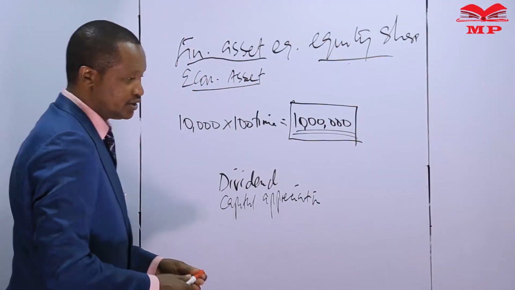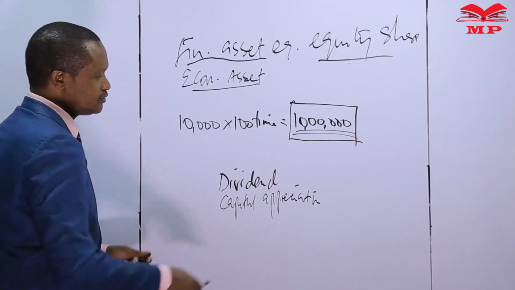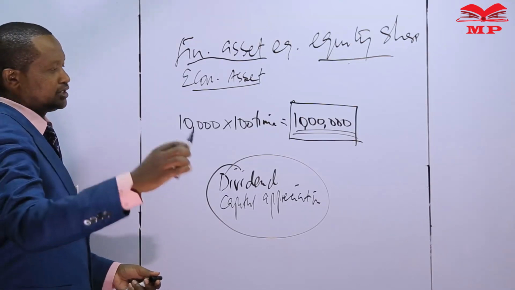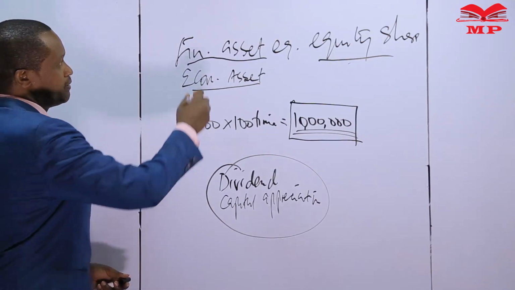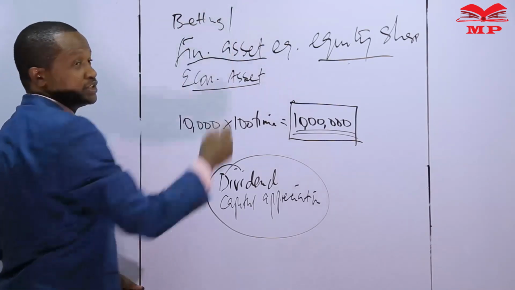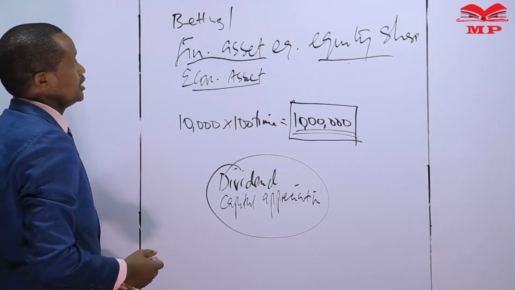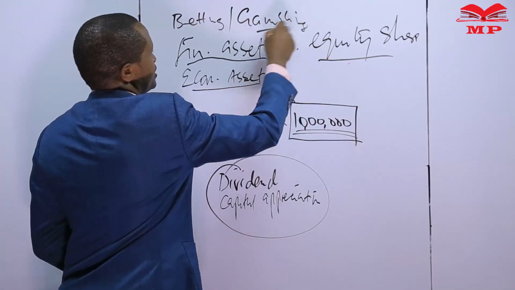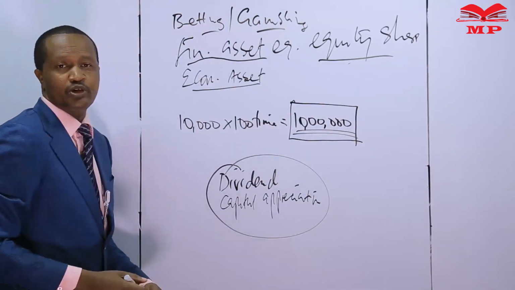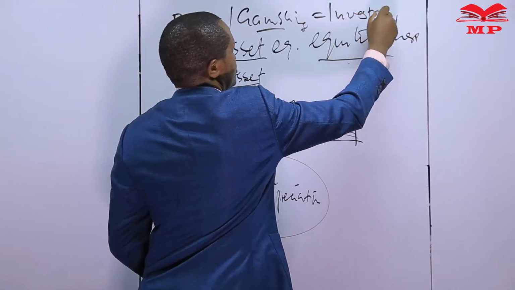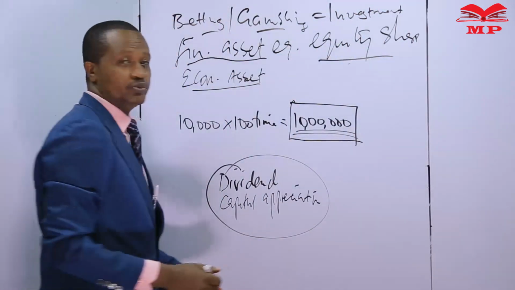Another example would be the reason why you are learning, at least you are now appreciating that betting, which is prevalent in our era, in our age, or gambling, should not be confused with investment.